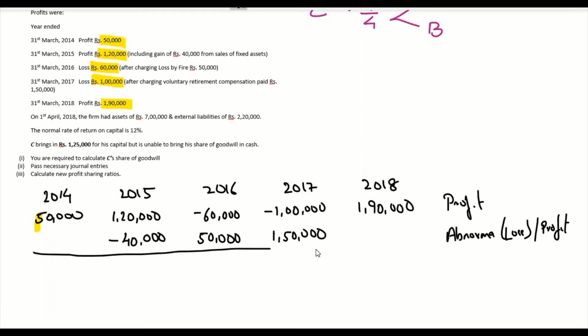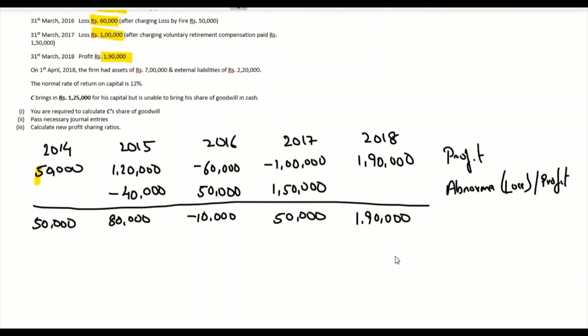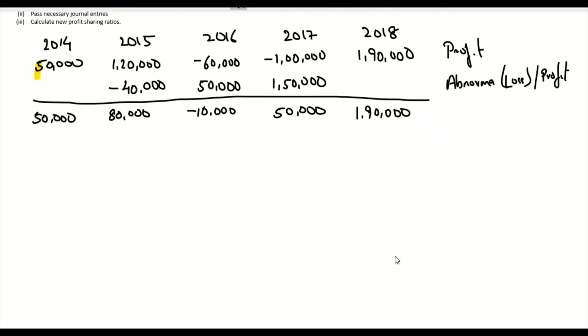So we are calculating the adjusted profit here. The adjusted profit for 2014 it's 50,000. 2015 it's 80,000. 2016 it's minus 10,000. 2017 it is 50,000. 2018 it's 1,90,000. Now we need to calculate the average profit.